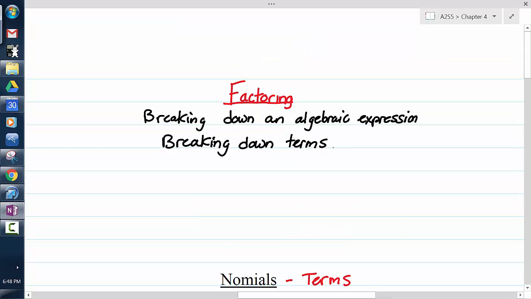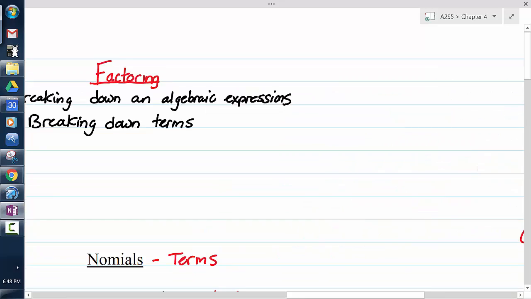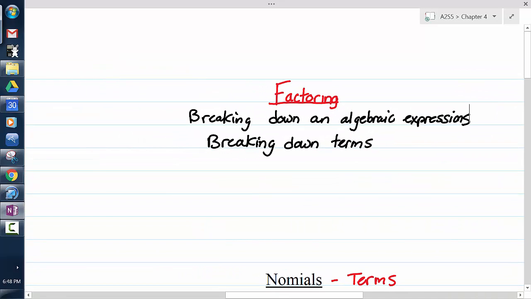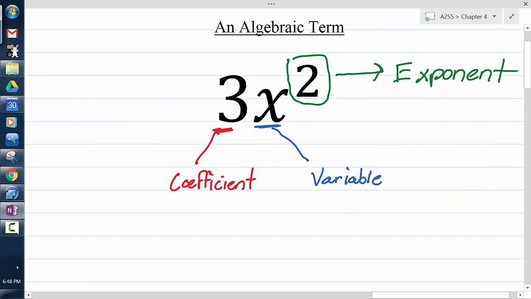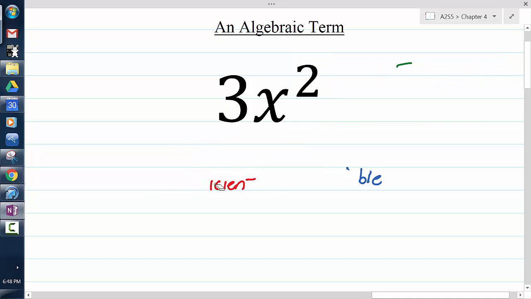So the same way we can say factoring is just breaking down algebraic expressions, we could say that factoring is just breaking down terms. So an example of what I mean is the same one that we had over here. Say if we wanted to break this term down, the term being 3x squared.